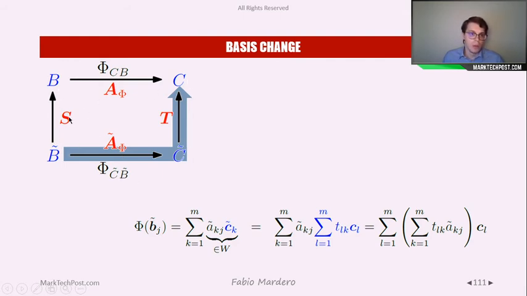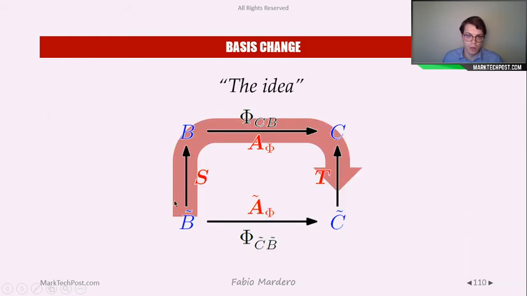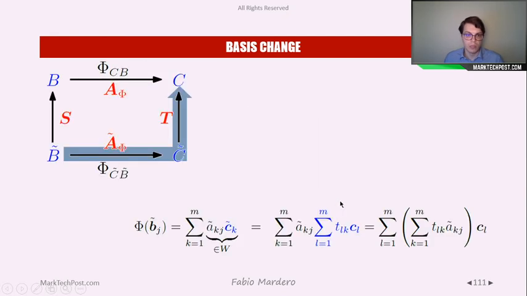We will follow the arrows. Our goal is to go to C tilde, but since T points from C tilde to C, the idea is to find some relationship between this path to go from B tilde to C and this other path. Let's start with the bottom one.